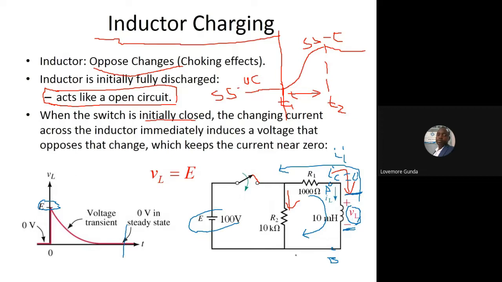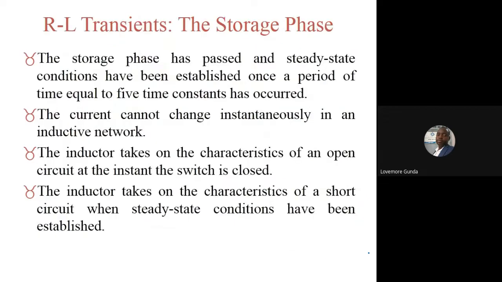the inductor is now totally equal to 0. It now acts as a short circuit, and the voltage across it is 0. Remember, I said the voltage across a short circuit is equal to 0. So the storage phase is passed and the steady state conditions have been established.